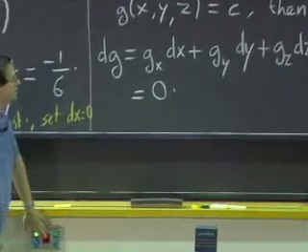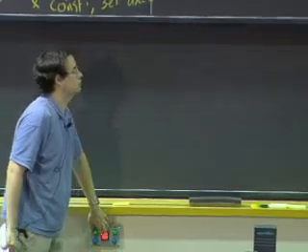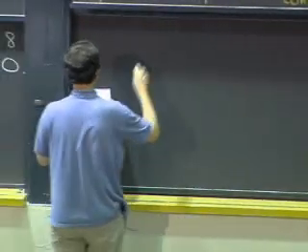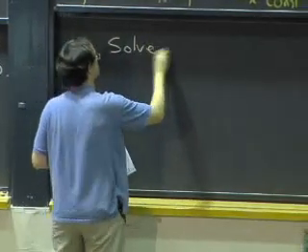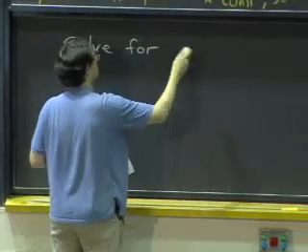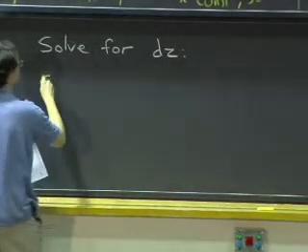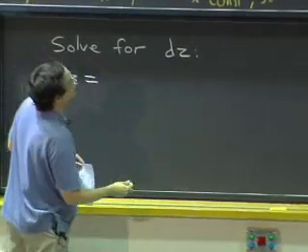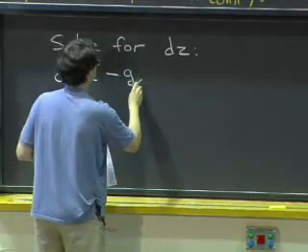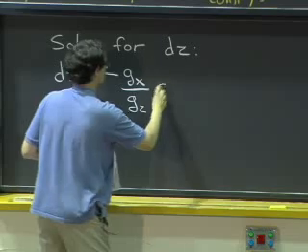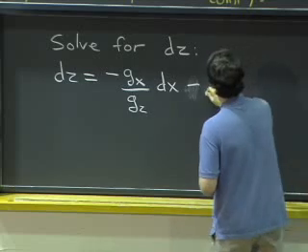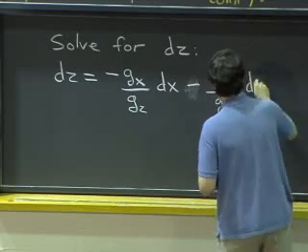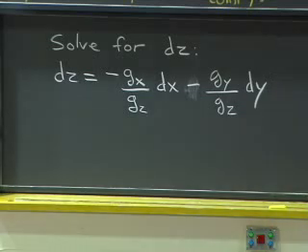So, for example, if we care about z as a function of x and y, we'll get that dz is negative g sub x over g sub z dx, sorry, minus g sub y over g sub z dy.